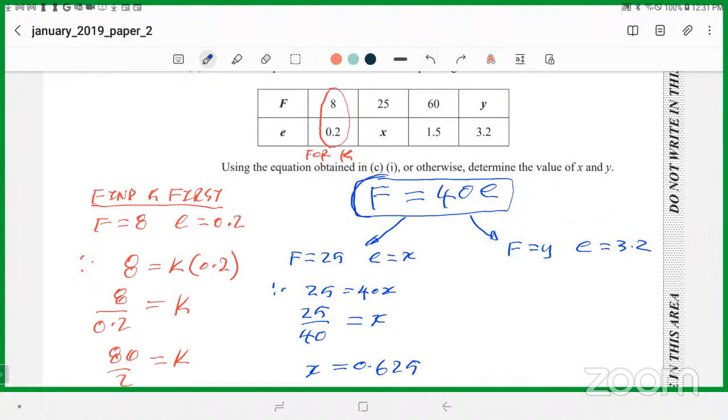So F is Y. Therefore Y equals 40 times E, which is 3.2. And then you work that out again: 40 times 3.2 gives 128. And that's it.